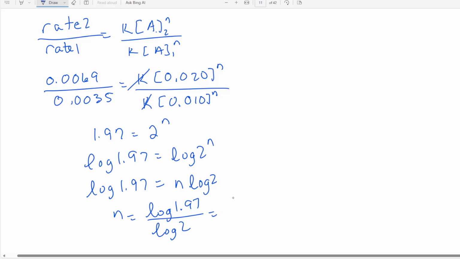So that's equal to 0.294 divided by 0.301, which is approximately equal to 1. So we see that the exponent for the CHCl3 would be 1. So our rate law with respect to that species has an exponent of 1.